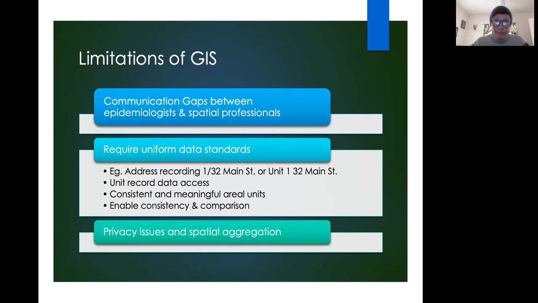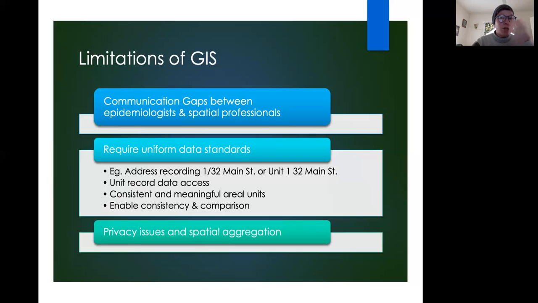We had this problem when we were trying to import county data for Wyoming. One of the records reported the counties as just the name of the county, and another data record had the name of the county plus the word county behind it. And GIS could not recognize that that was the same information.